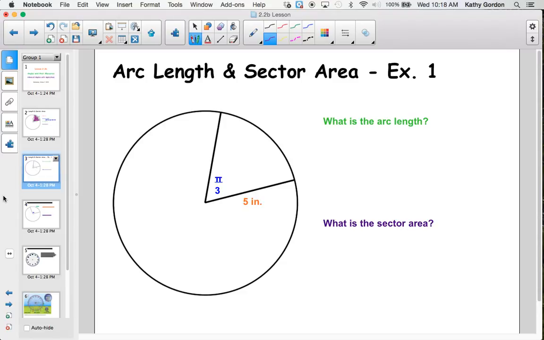But see if you can figure it out just based on what you already know. Take a minute to do that. So just you four doing arc length and you four doing sector area.